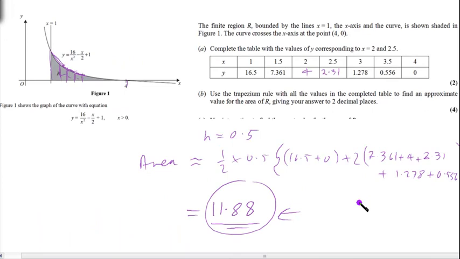Actually, I could have easily done half AB sine C, because I've got B and A and C, so I could have done it that way as well. And when we calculate that, we get an answer of 12.6.